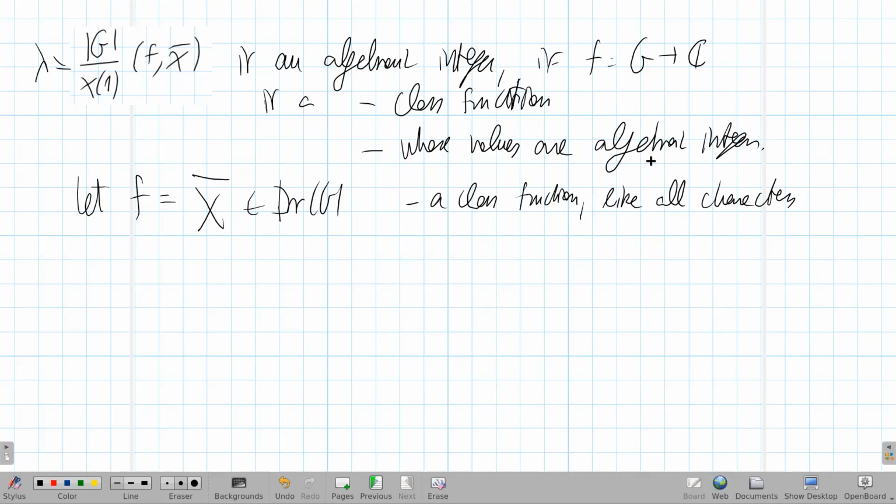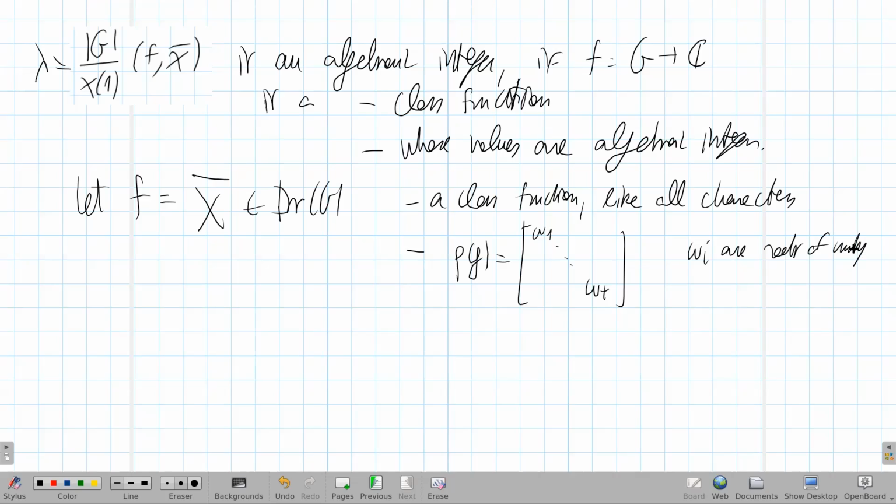Are the values algebraic integers? Yes, because remember that if you take the image of any element under a representation, this can be put in diagonal form. This is something we saw at the beginning of our lectures, where the omega i are roots of unity.